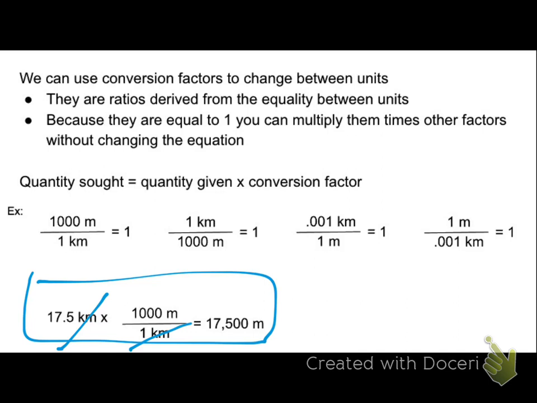So we're not changing the value of what we have, we're just changing what units it's expressed in. When we take 17.5 times 1,000, we convert it from being in kilometers to being in meters. So 17,500 meters is equal in value to 17.5 kilometers.